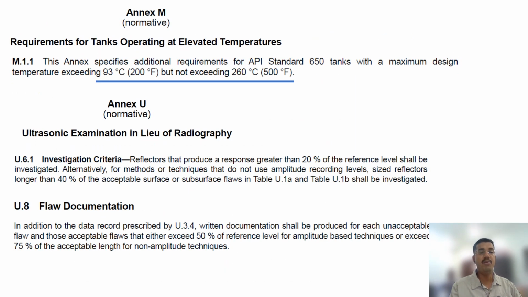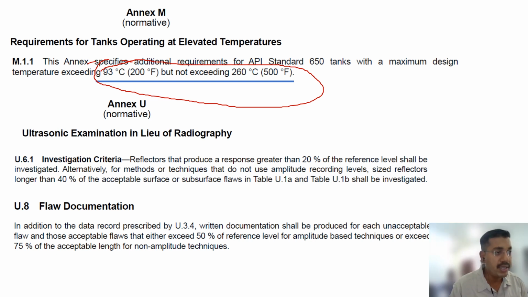And the most important question which usually comes in the exam: Annex M of API 650 is up to 200 degrees Fahrenheit, and Annex M is from 200 but not exceeding 500 degrees Fahrenheit. These are some of the very important questions I already discussed with you for API 650.